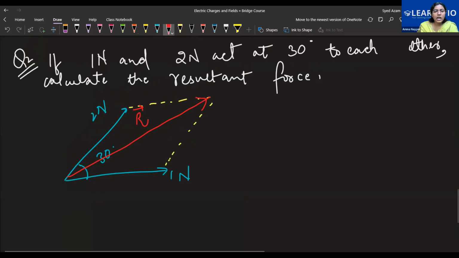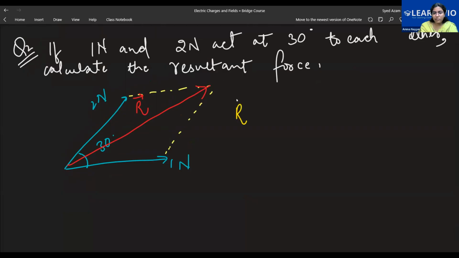Now we'll put the magnitude. So what's the formula of the magnitude of the resultant? Just put it in this formula. One force is 1, another force is 2. Root a square plus b square... plus ab square? No, check your notes. You must have written it.